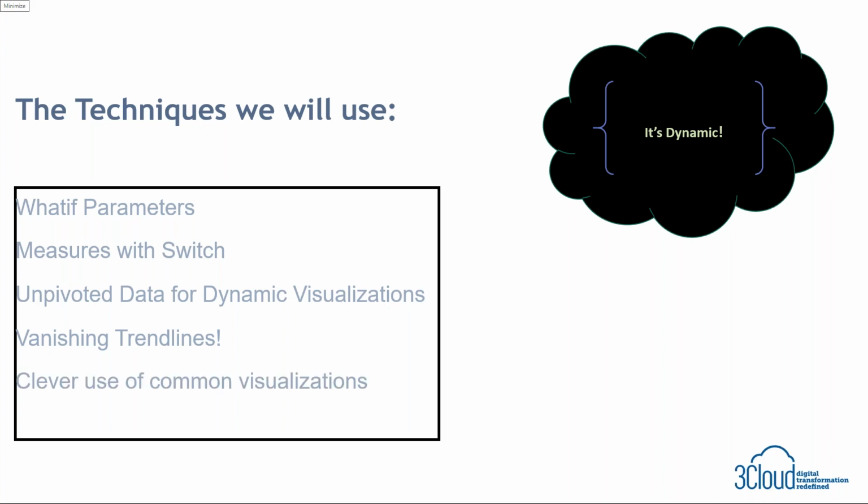And clever use of common visualizations. There's something to be said for just doing the simple things that we always do, but doing it in ways that provide users more insight than they would otherwise have. For instance, we'll see usage where we might put two top 10 lists on a page right next to each other and provide a list of metrics that they can look at on either of the top 10 lists.